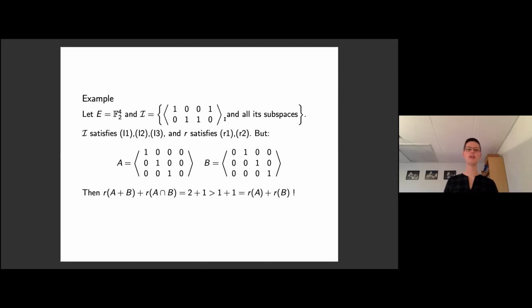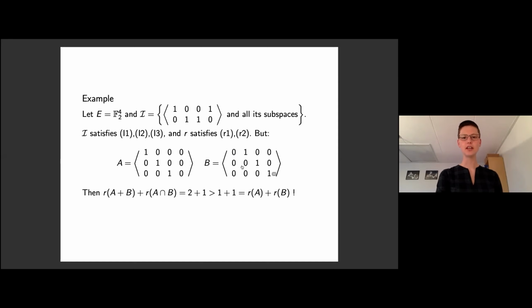How can we see that? Let's look at A and B over here. They are spanned by the rows that we see, so these are two 3-dimensional spaces. If I take A plus B, I get everything. The largest independent space inside everything is exactly the space over here, which has dimension 2. So the rank of A plus B is equal to 2.